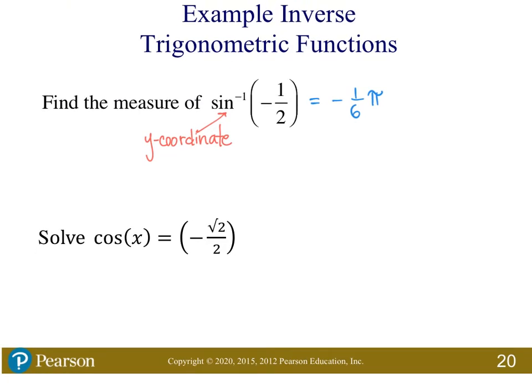If you're asked to solve, which means always get x by itself, your first step would be applying an inverse cosine on both sides. So you want to apply cosine inverse around cosine of x. And on the right side, always in front, always to the left, you'll apply the cosine inverse around -rad2/2.